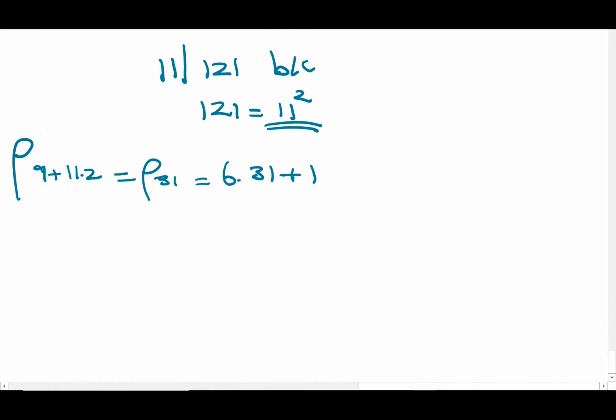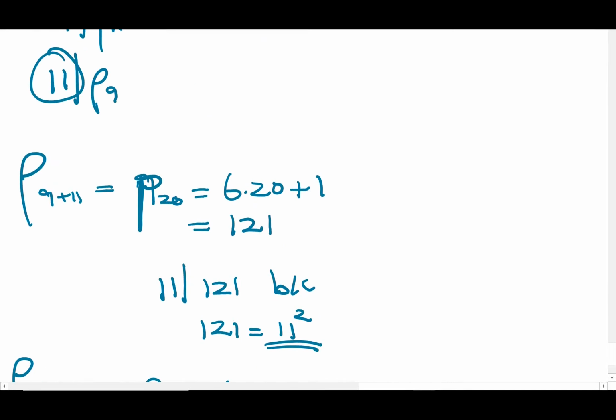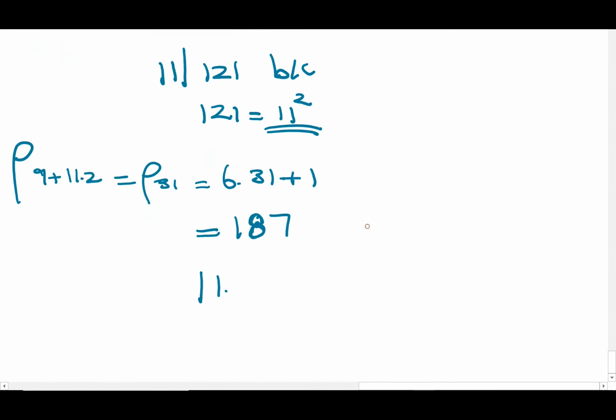Let's see what this is. It's 187, I believe. So 187. So if we did 11 times, originally what did we do? 11 times 5, that's plus 6.